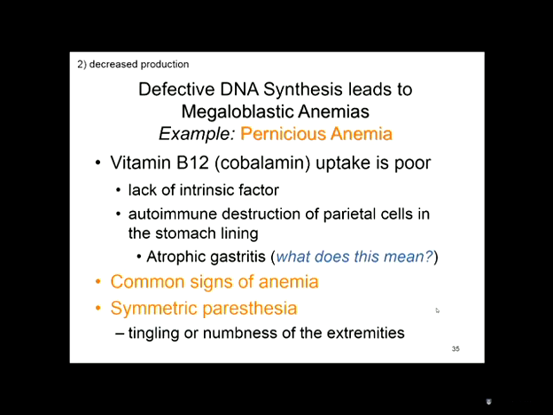So you start with this problem, which leads to the anemia, okay? This is where it starts. The stomach is the problem. And of course, anybody remember what the common signs of anemia are? Fatigue, weakness, headaches, lightheadedness.